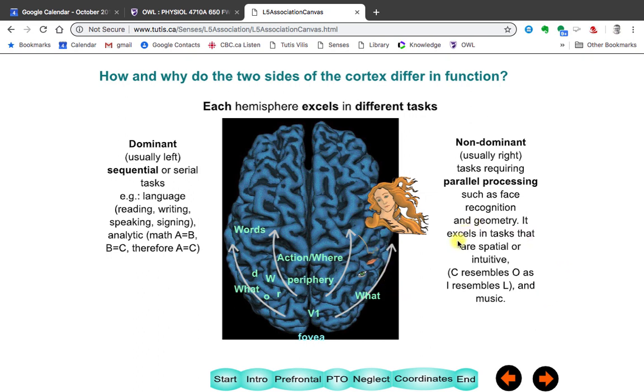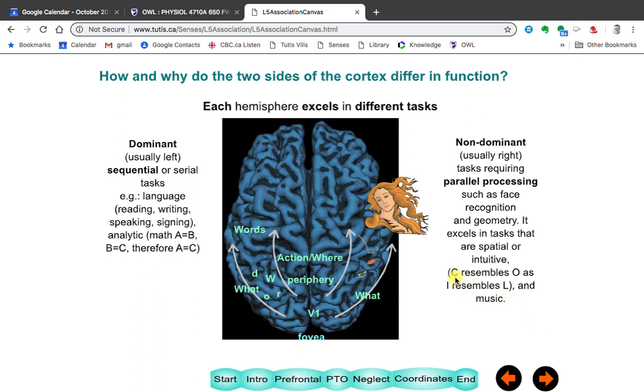It's also involved in geometry, and geometry is, in a sense, similar because when you're comparing triangles, for example, whether these are similar triangles, you're comparing all the angles at the same time, deciding, oh yeah, that one looks like that one, that one's different from that one.